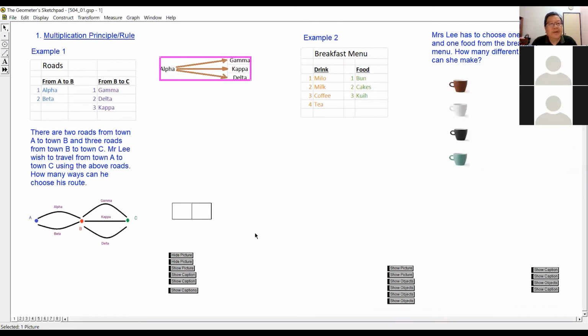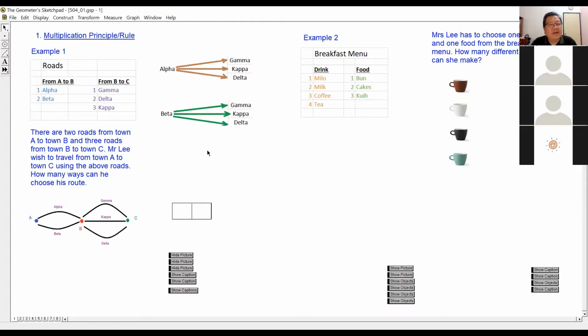Now, let's say, for example, you want to go from A to B. You use the first road called alpha. After using alpha, when you want to go from B to C, you can use one of these three roads, gamma, kappa, or delta. That means for road number one, you have three choices for road number two.